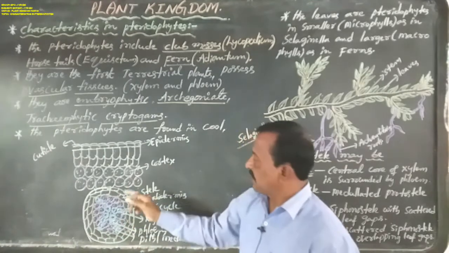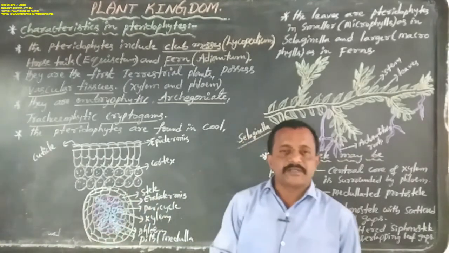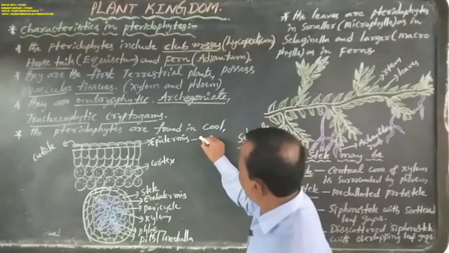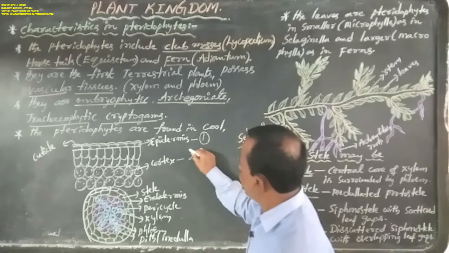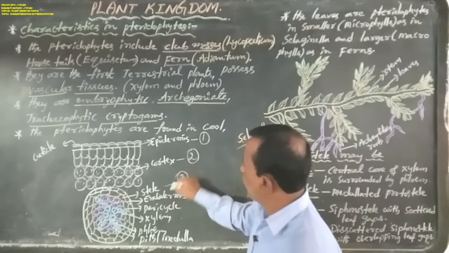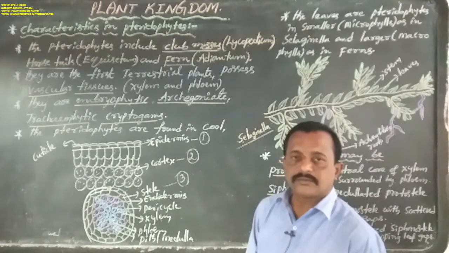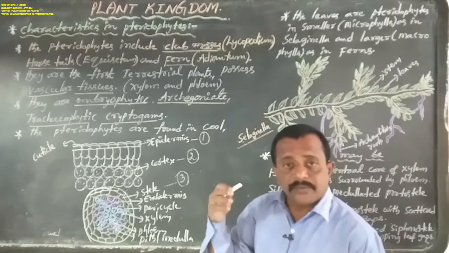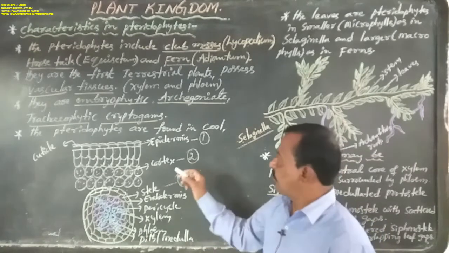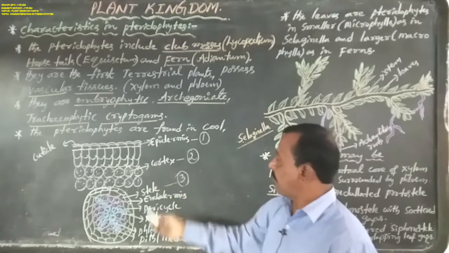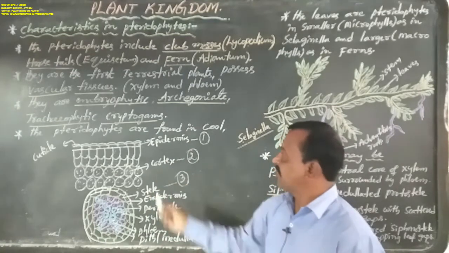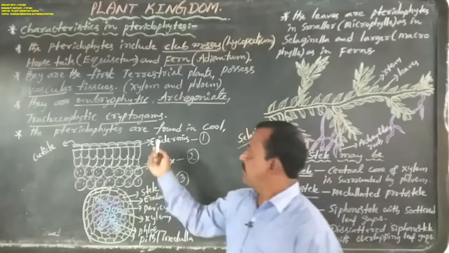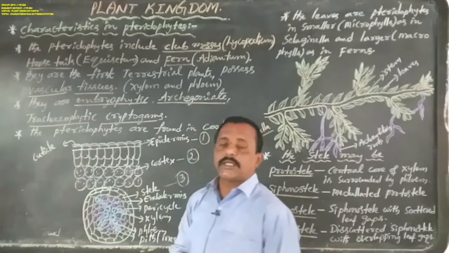Generally in pteridophytes, the stem internally shows epidermis, cortex, and stele, mainly three parts: first epidermis, second cortex, third stele. This is a single-layered epidermis, covered by a protective thick cuticle layer.